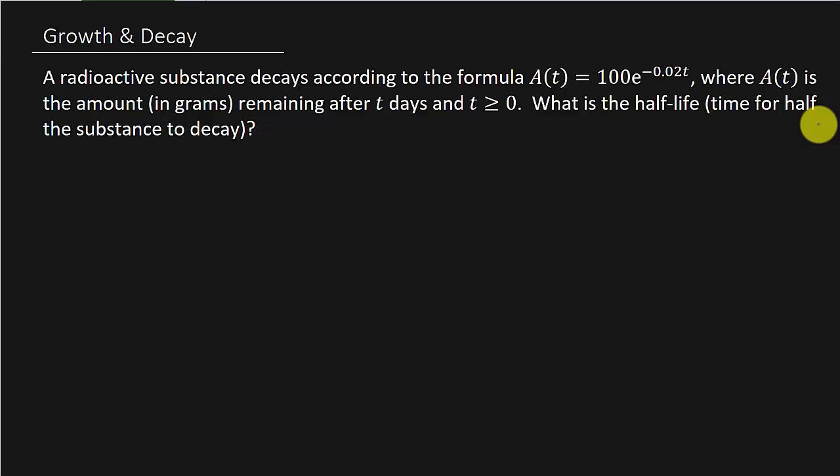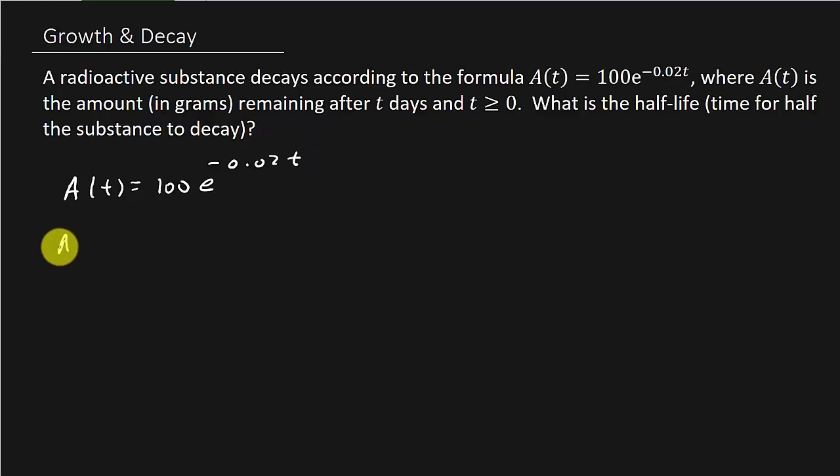All right, so it's nice that they give us the function here. A of T is equal to 100 e to the negative 0.02 T. So there's our function, and we want to know what the half-life is. Well, we need to know how much is present initially, when T equals 0, right at the very beginning.